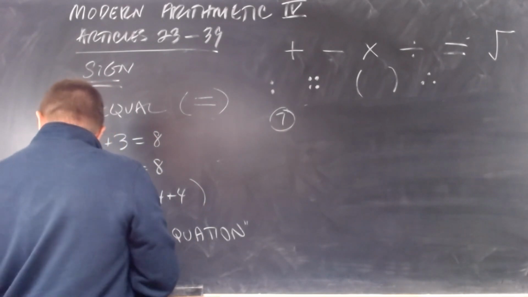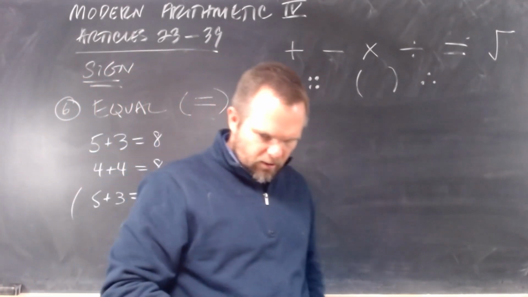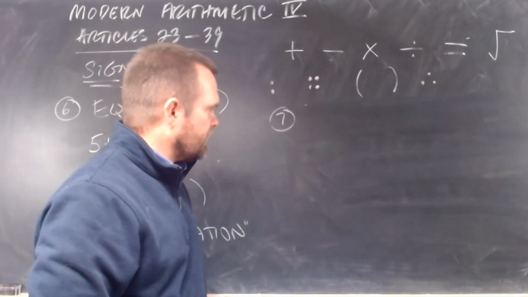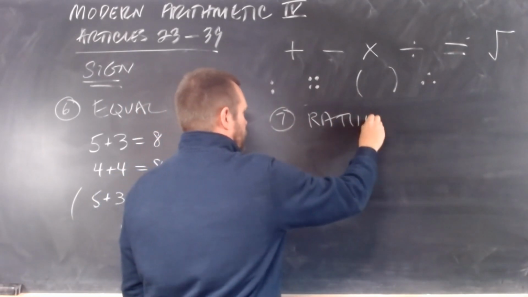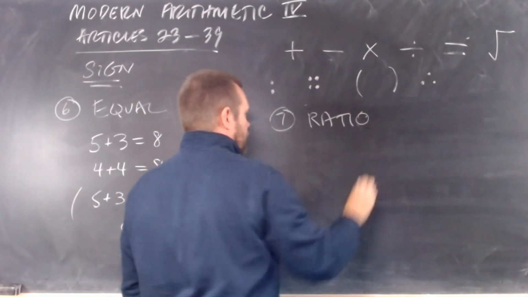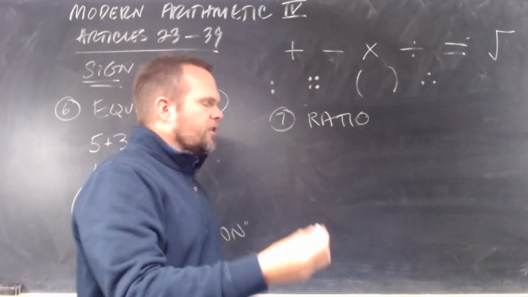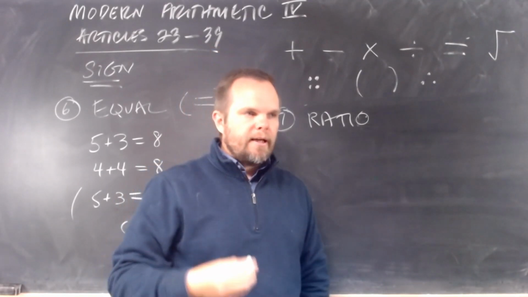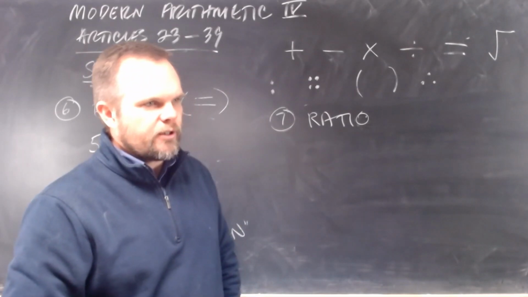The seventh sign that we learn, the seventh sign in Article 32, is a sign of ratio. A ratio is a relationship. Obviously, it's a sign of relation. It's a relationship between quantities, a ratio.